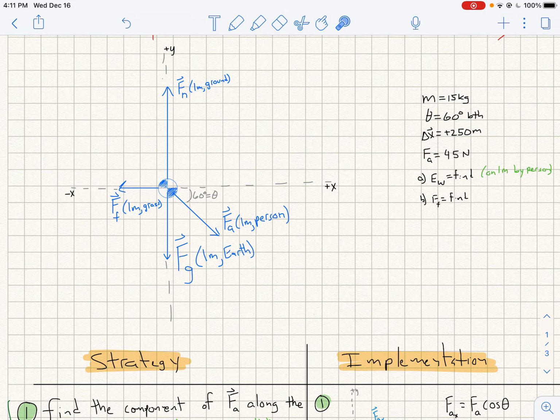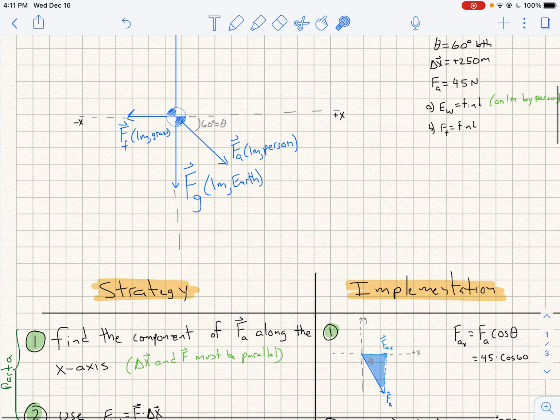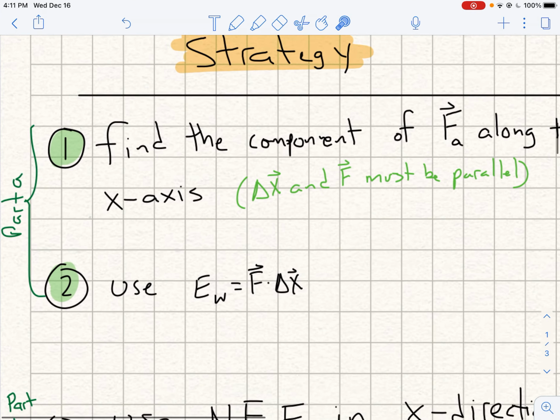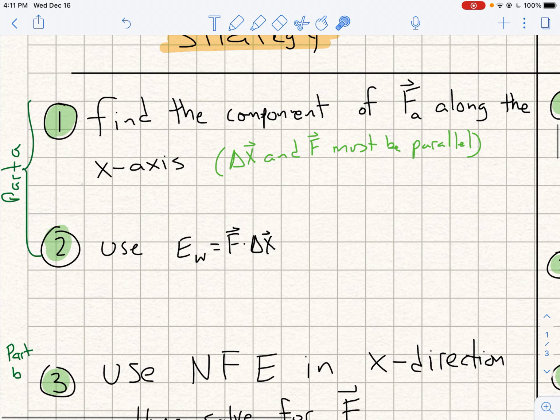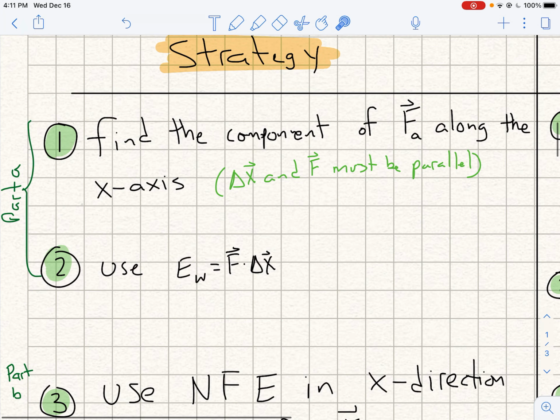So let's come up with a strategy to find the amount of work that's done by the person. Basically, my strategy, because we know that work is going to be force times displacement, is that we want to find the component of the force that's applied along the x-axis, because it's moving along the x-axis.